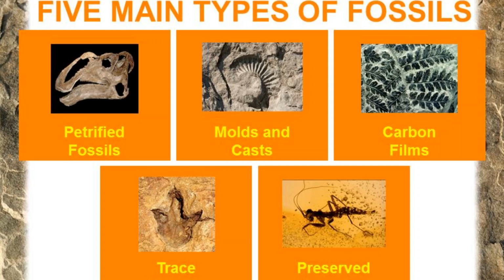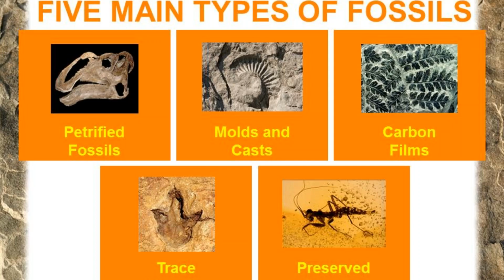And then you have molds and casts, where an animal, usually an animal with a hard shell, dies. They form a mold or a cast in the sediment where they die. Their initial remains rot away, and then either the impressions are left and fossilized, or new sediment and new material comes in and fills those molds and makes a cast of the animal.